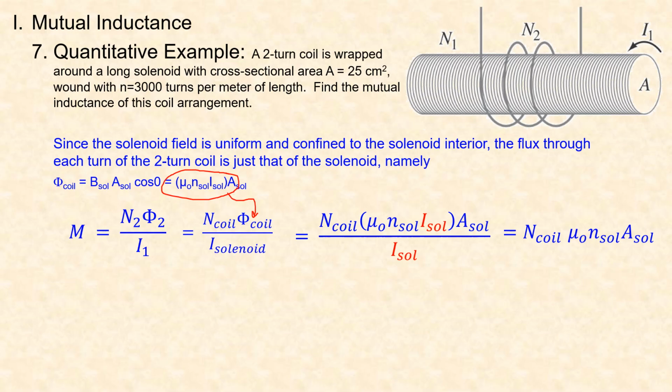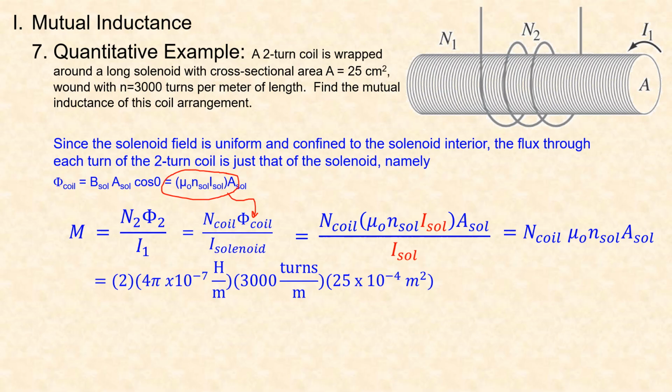The number of turns of our coil times the permeability constant times the number of turns per unit length of the solenoid times the cross-sectional area of the solenoid. When we plug in the numbers here, we have a two-turn coil, so plug in the value of 2 for big N, plug in the value of the permeability constant.